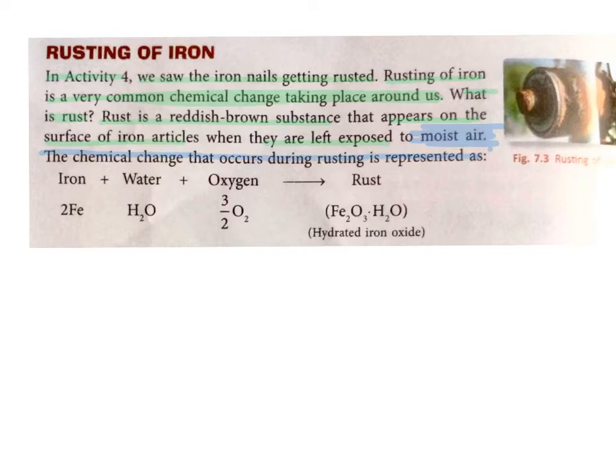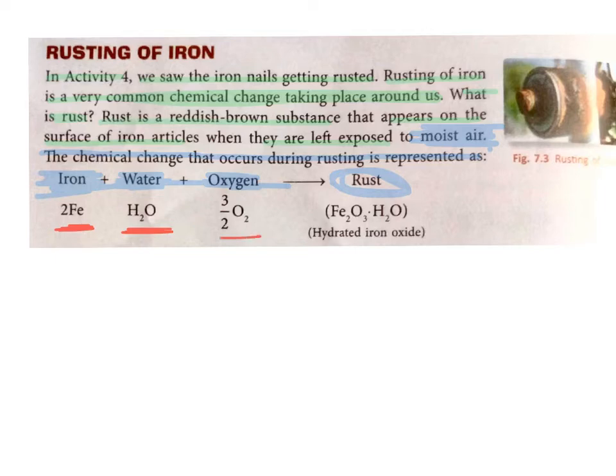So see what happens. We have any iron article. When it comes in contact with water along with oxygen, it forms entirely different product, that is rust. So we all know iron is represented as Fe and water as H2O.